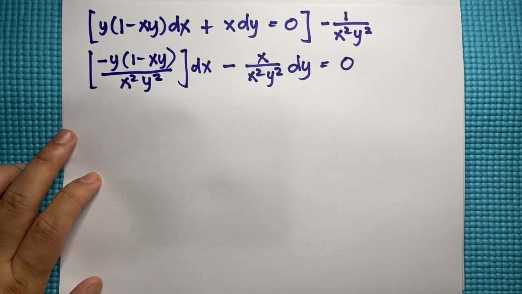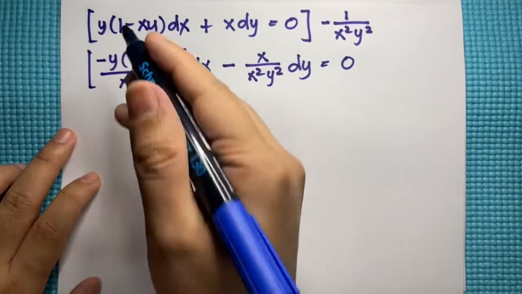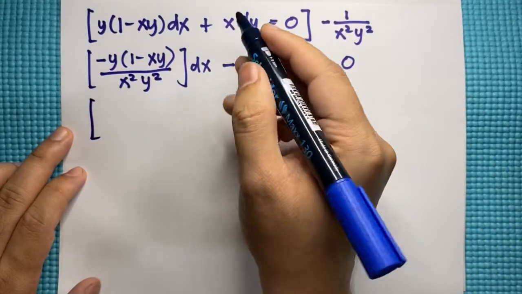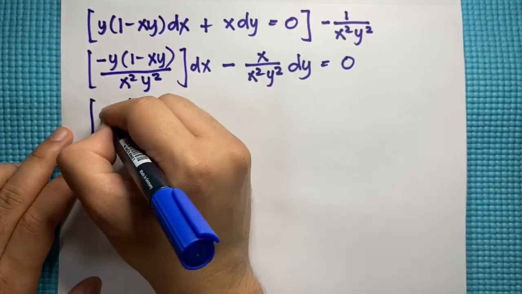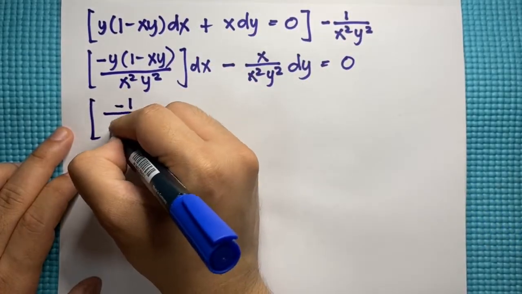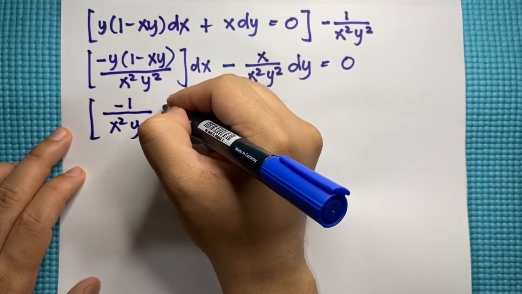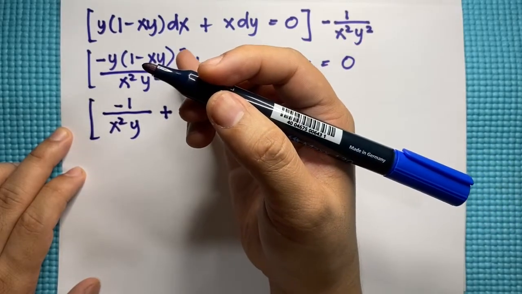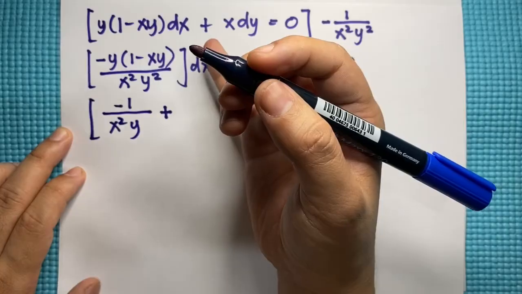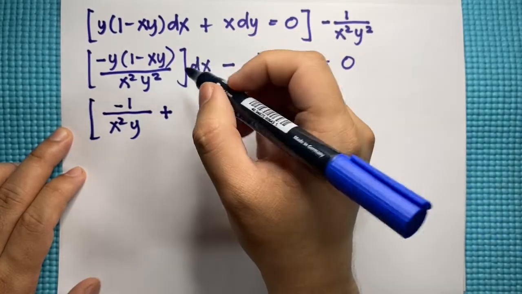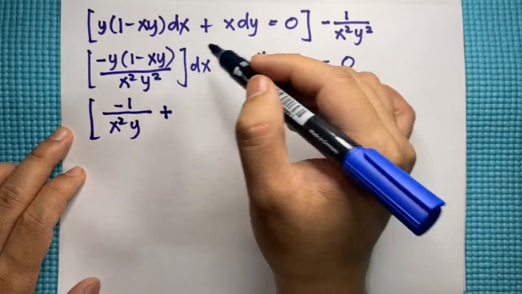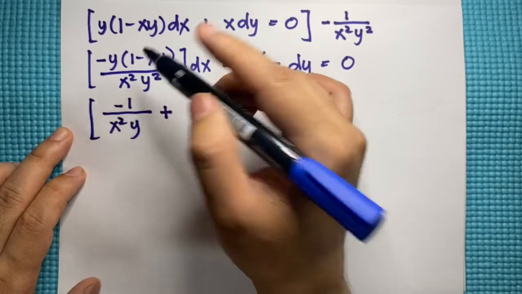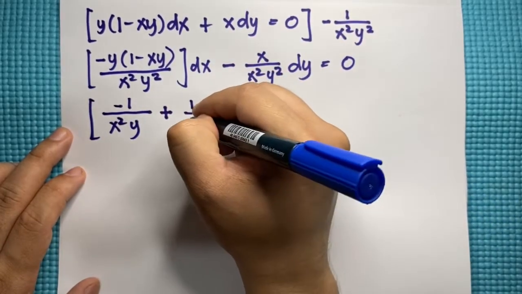Simplifying this, on our first term we'll have negative 1 over x squared y, and then plus xy over x squared y squared, so the y would cancel out, and x over x squared leaves us 1 over x.